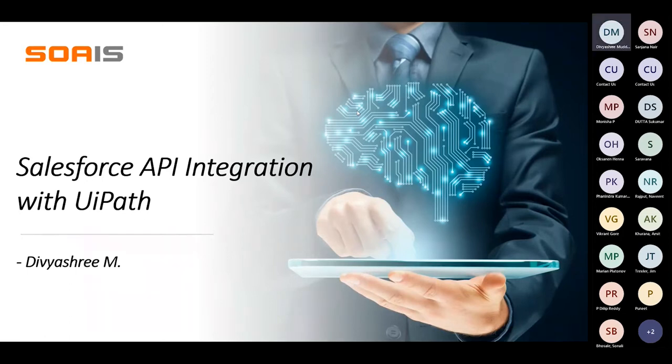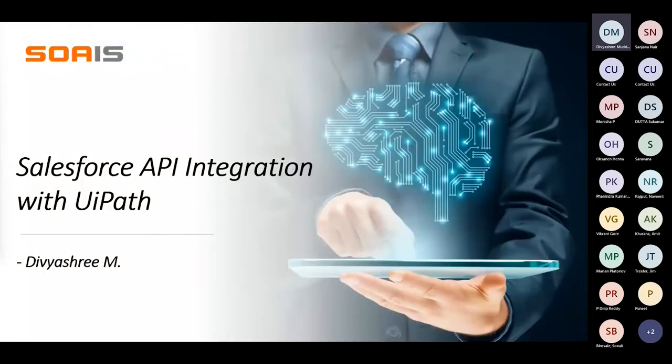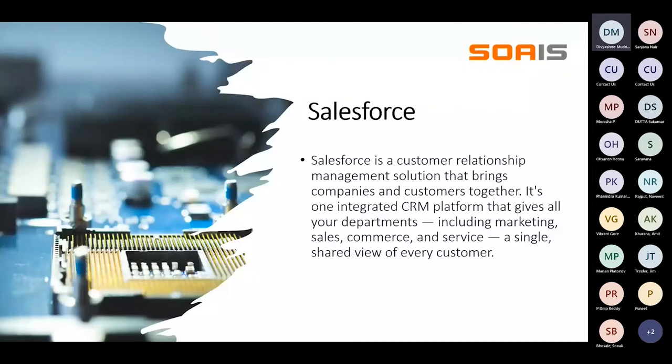So let's begin. In our previous webinar, we have already seen what is RPA, what is UiPath, and why we are choosing UiPath, especially when it comes to RPA. I don't think we need a more detailed definition of why UiPath, but just to give a very simple one: especially with respect to software, we are evolving a lot.